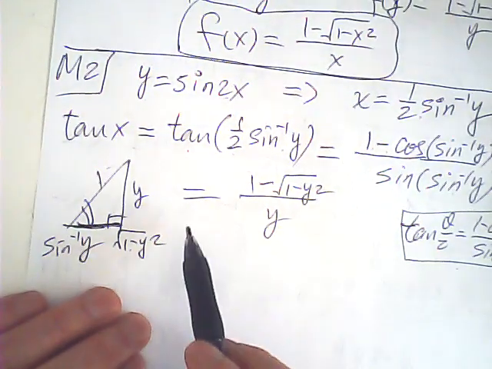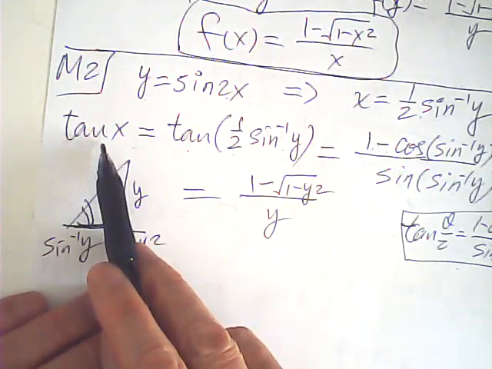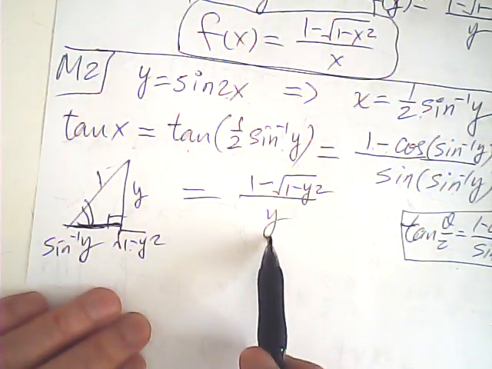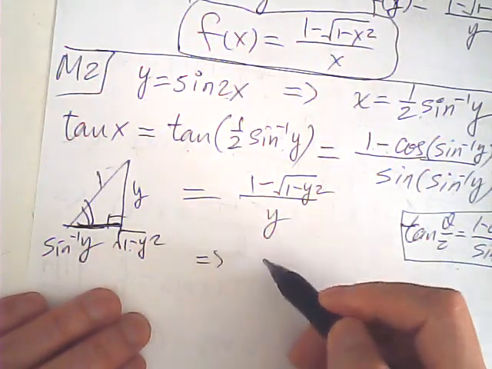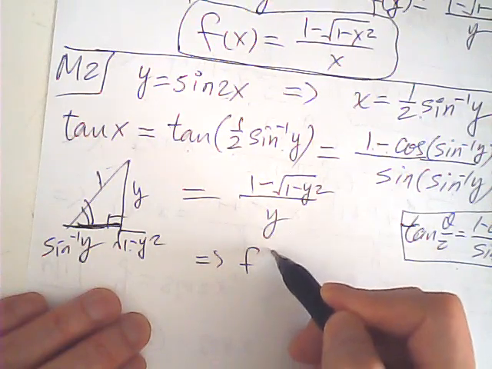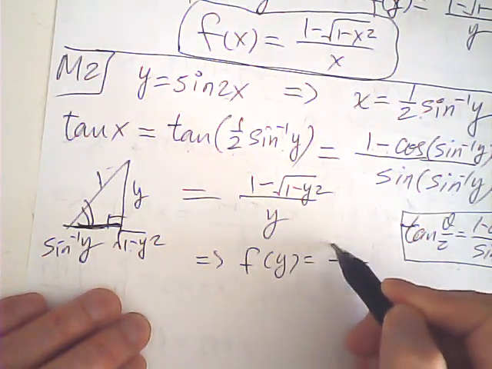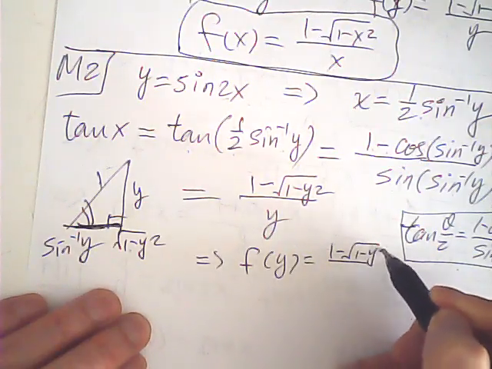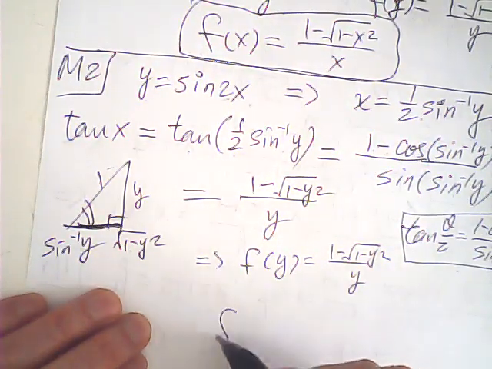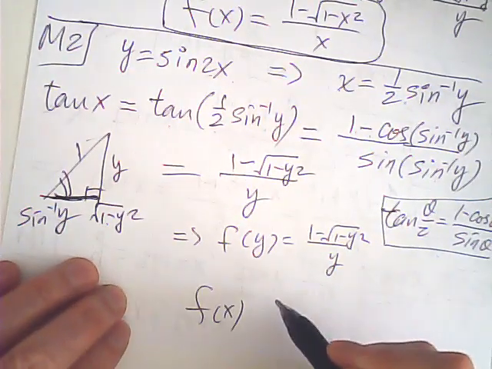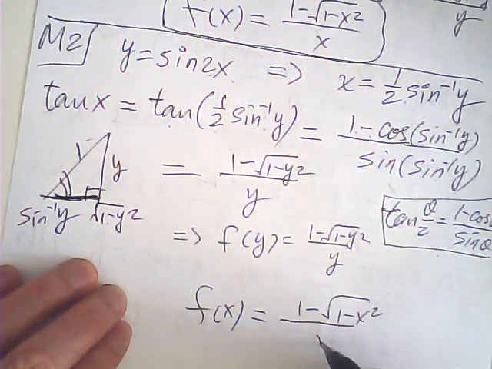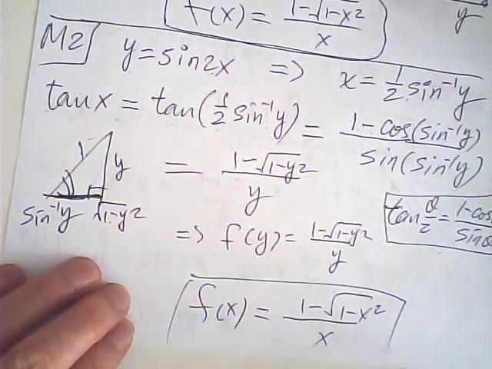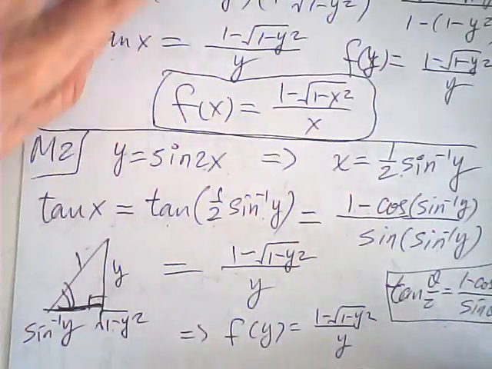So tangent x is this, right? Therefore f of y is equal to 1 minus, so tangent x is equal to 1 minus x squared over x. So that is the same answer by method 2.